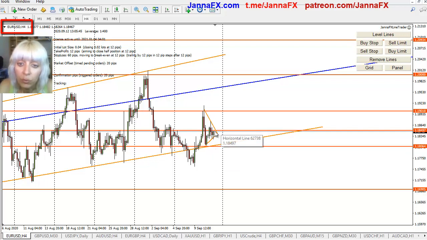So I presume from here it might go either way. That's why it's creating this pattern, because it just can't pick a direction. So if it goes down a little bit more, consolidating here, that will be also the same area.